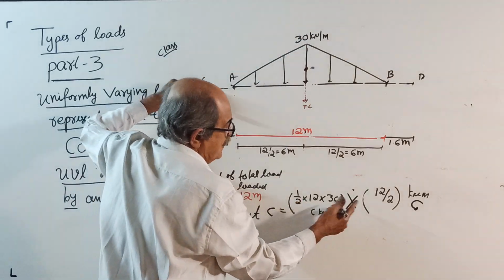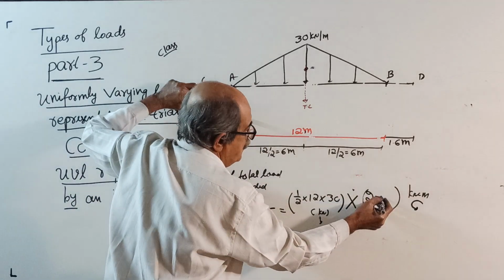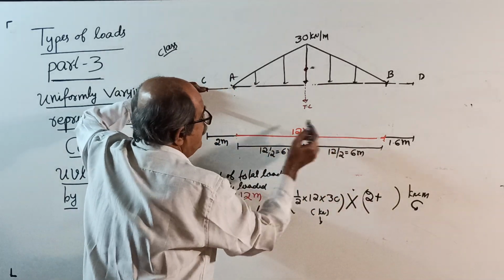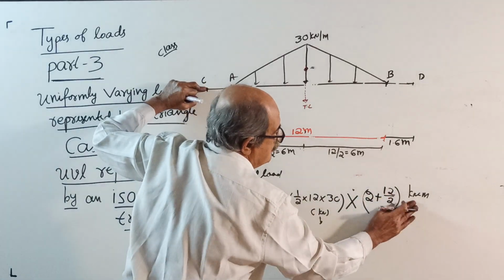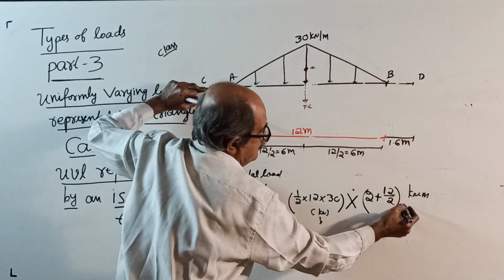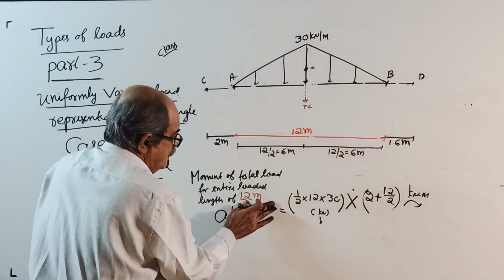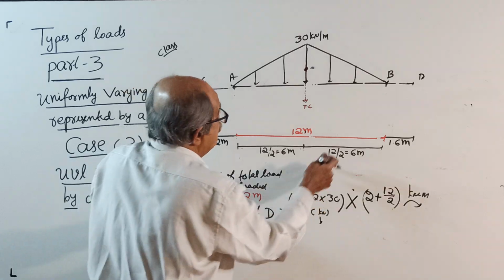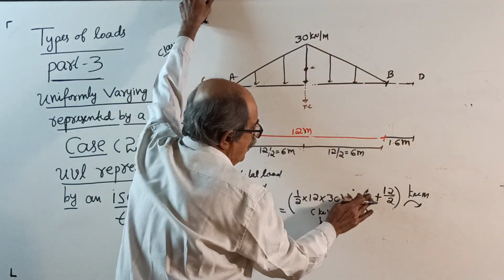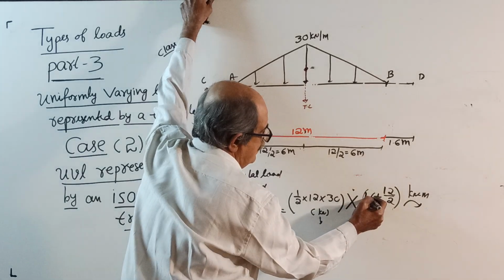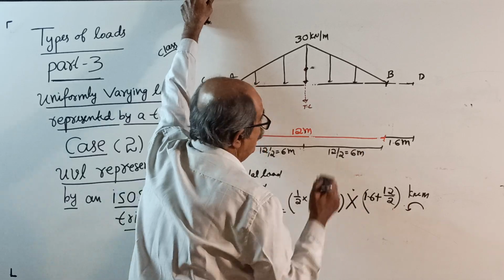Half into 12 into 30 into 2 meter plus, this is 12 meter, means half of 12, 12 by 2, clockwise. Okay. Lastly, below right, moment about D. Once again, see D. Same load into 1.6 plus 12 by 2 kilonewton meter anticlockwise.